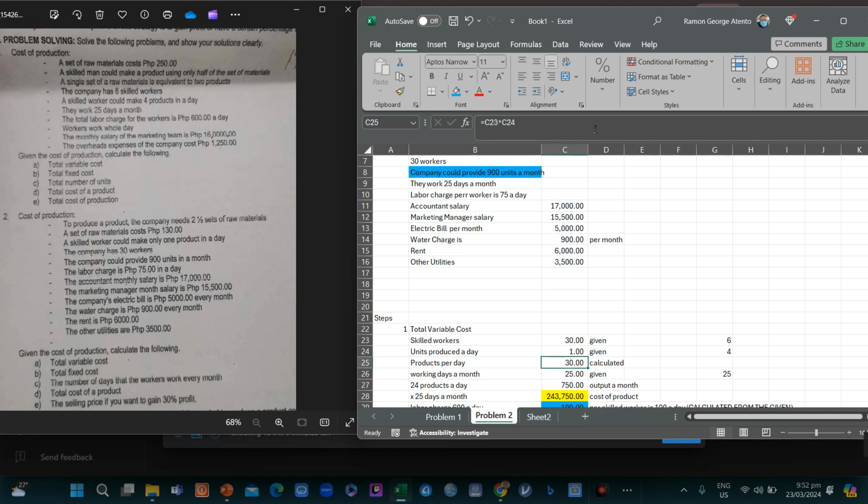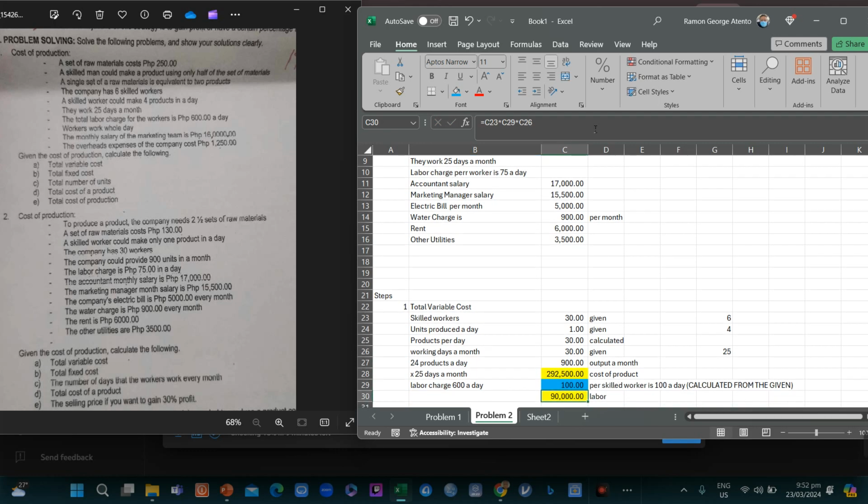Products per day is 30, right? So 30 a day, times, are they working 30 days in a month? That's why it's 900 units a month. Yeah, I think it's assumed that way, because if you multiply 30 by 30, that's 900 in a month. I don't know. I'm just assuming this, okay?